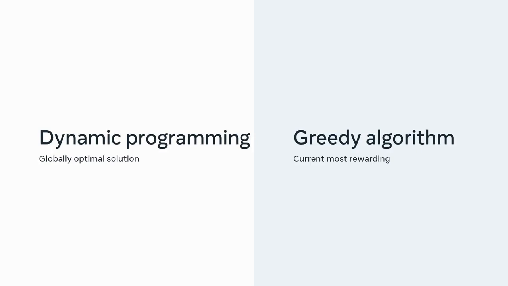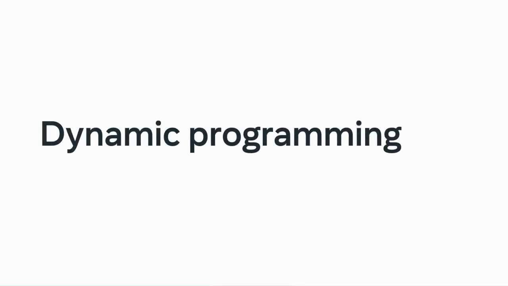Usually, the current most rewarding option is chosen. To make this more clear, let's take an instance of a CPU that has a list of tasks to be completed. Applying the dynamic programming approach would entail selecting a subset of activities that could be completed within a given time and executing these tasks.